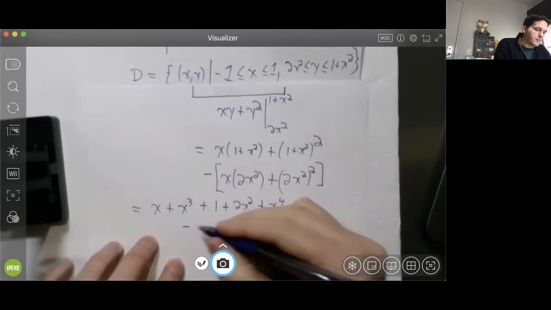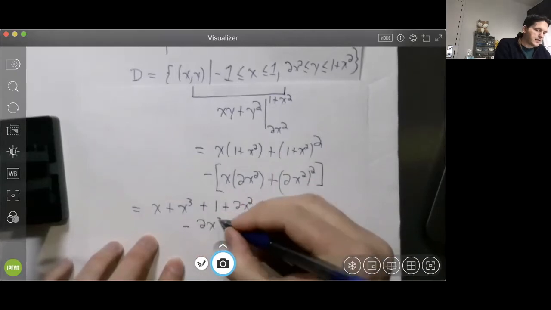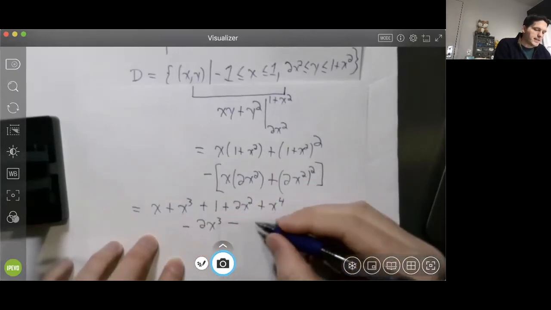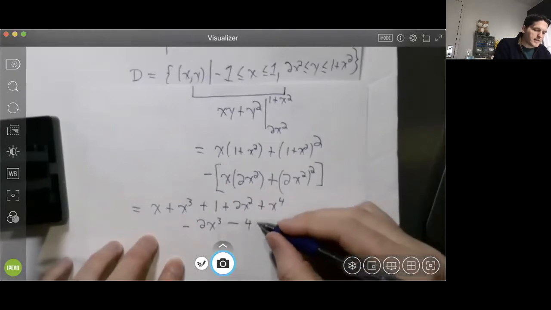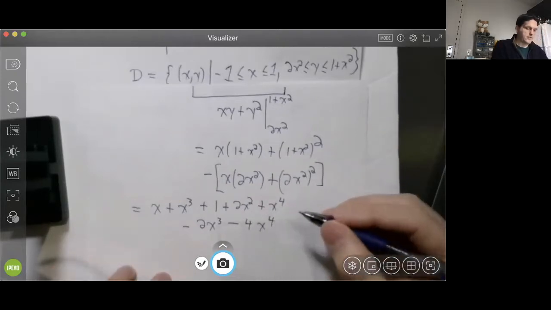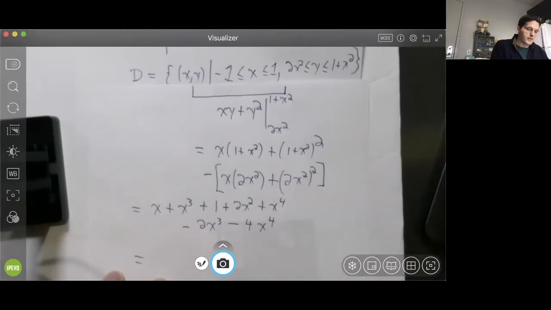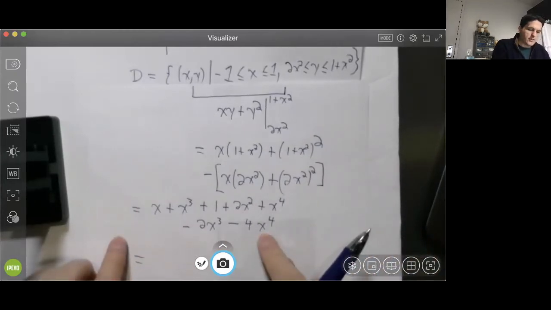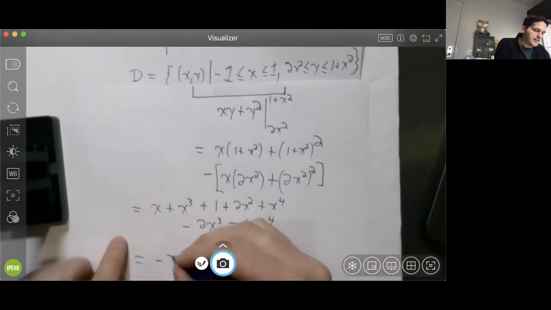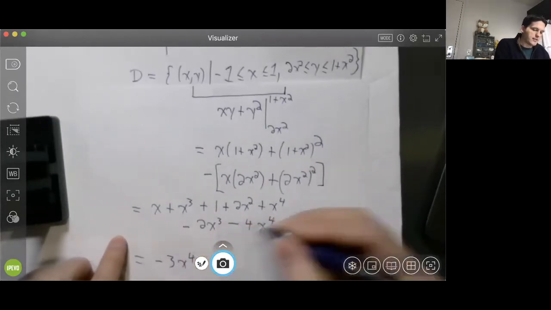So we have minus 2x cubed minus 4 times x to the 4th. Okay. So here we have minus 4x to the 4th plus x to the 4th. So that gives us a minus 3x to the 4th.